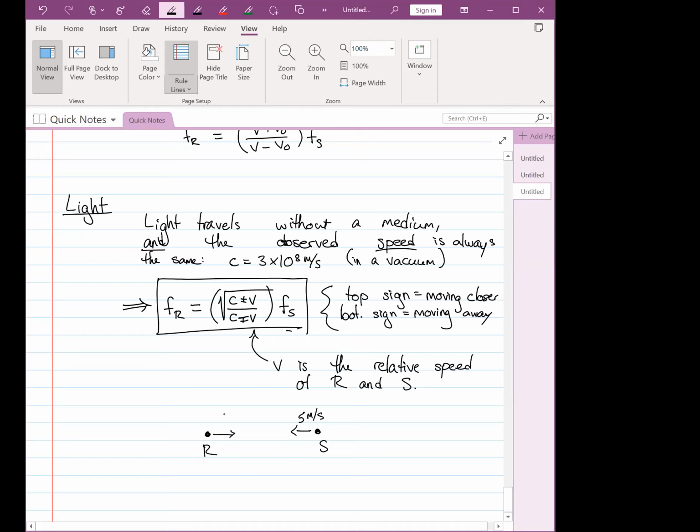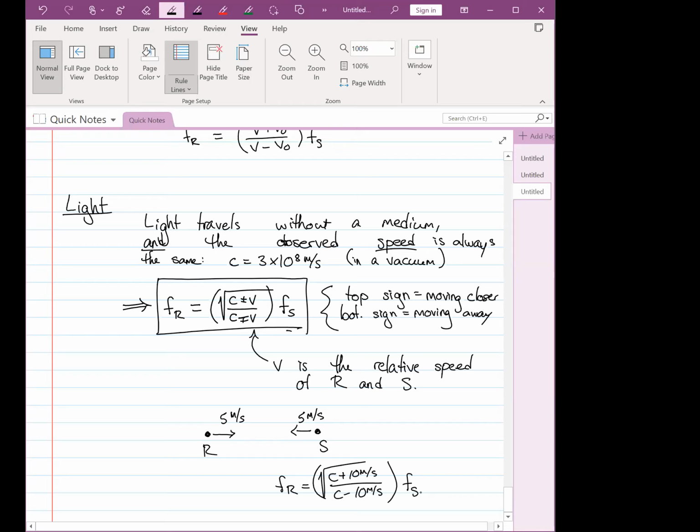Then the v that we would plug in here to get the frequency of light that I observe would be 10 meters per second. And because we're moving towards each other, the frequency would be c plus 10 meters per second divided by c minus 10 meters per second, times the original frequency.